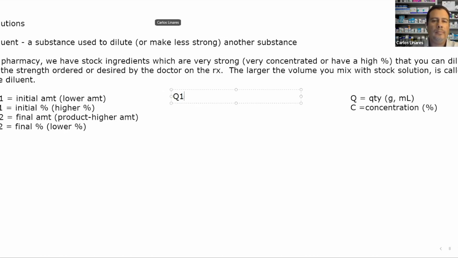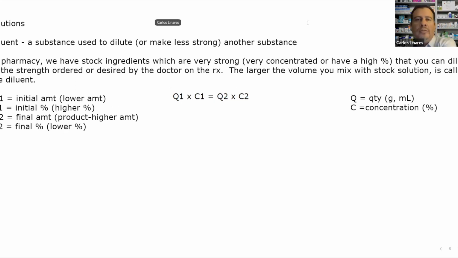So the formula, once again, Q1 times C1 is equal to Q2 times C2. Okay, that's the formula.